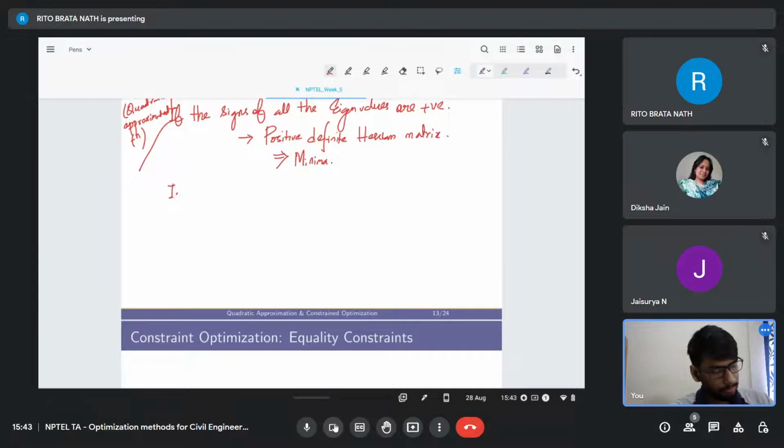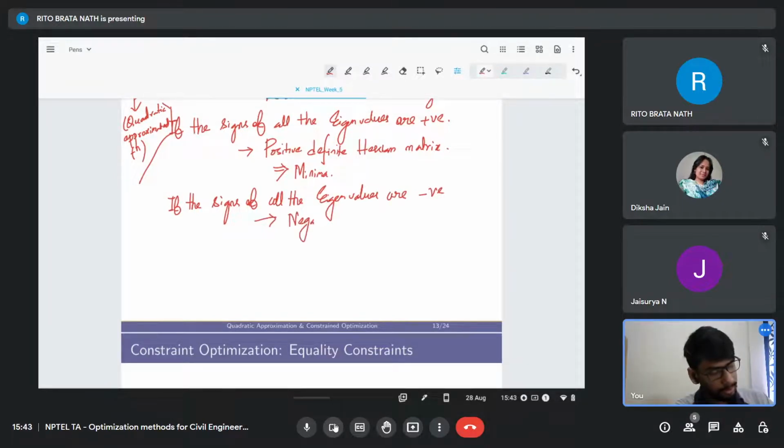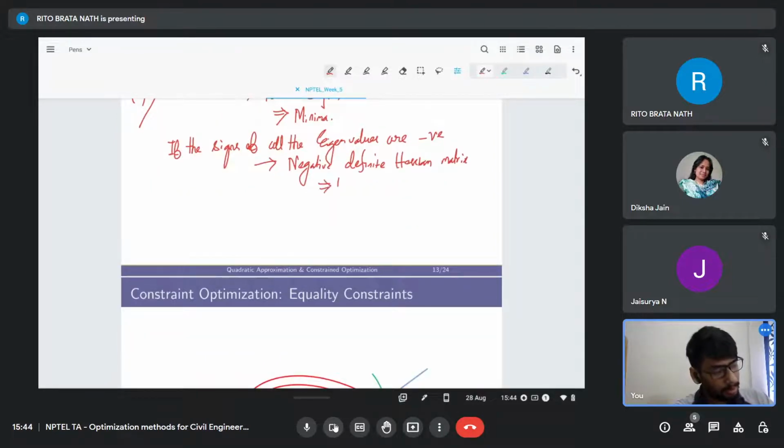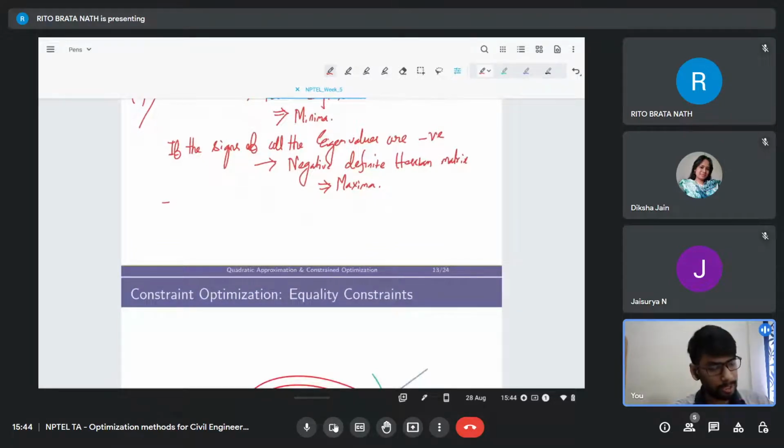Similarly, if the signs of all the eigenvalues are negative, then you have a negative definite Hessian matrix, and you have a maxima. And finally, suppose you have two eigenvalues, lambda 1 and lambda 2.